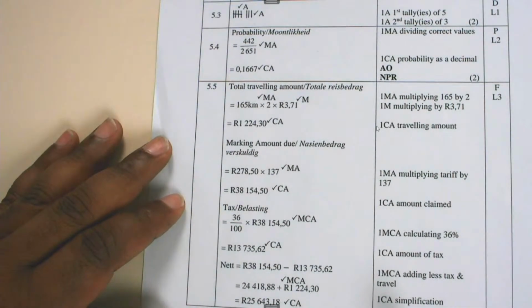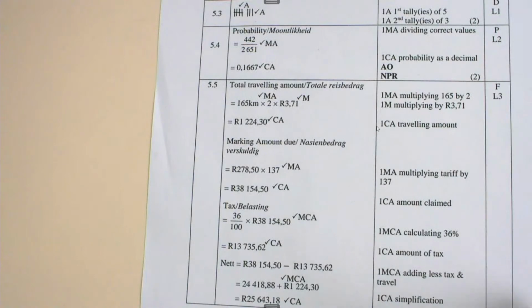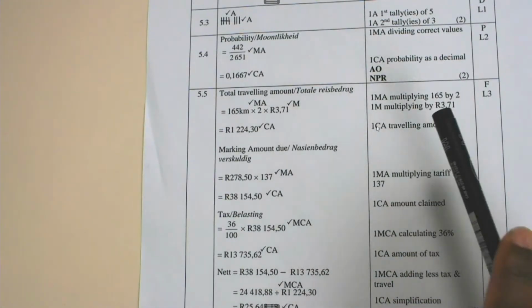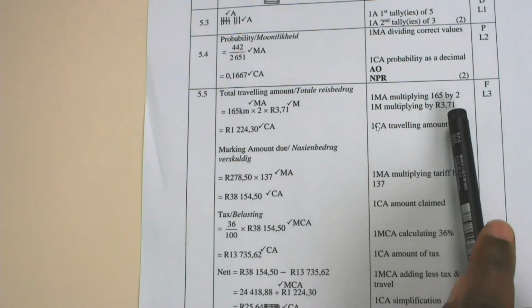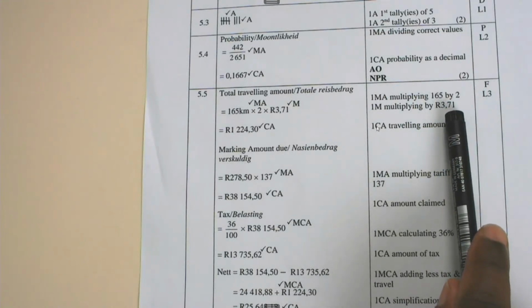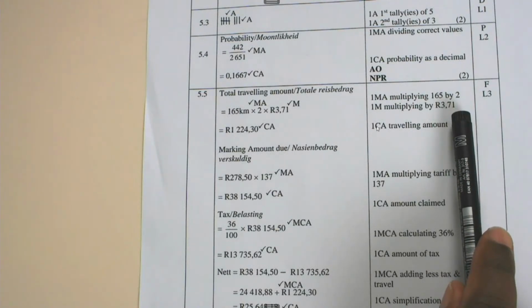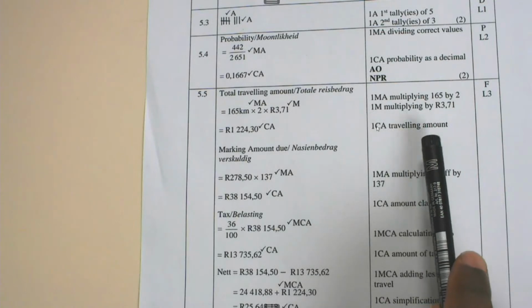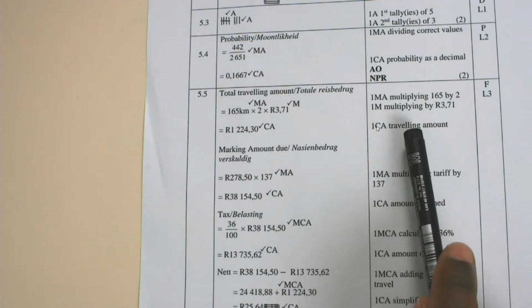And then the mark allocation for that will be 1 MA multiplying 165 by 2 and multiplying by the tariff for 1 kilometer, which is 3 rand 71. And then you see A, traveling amount.